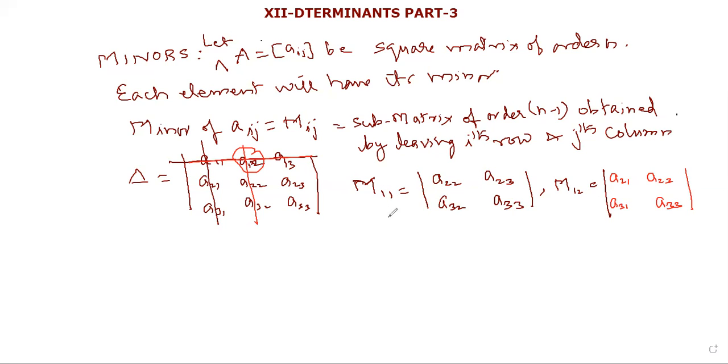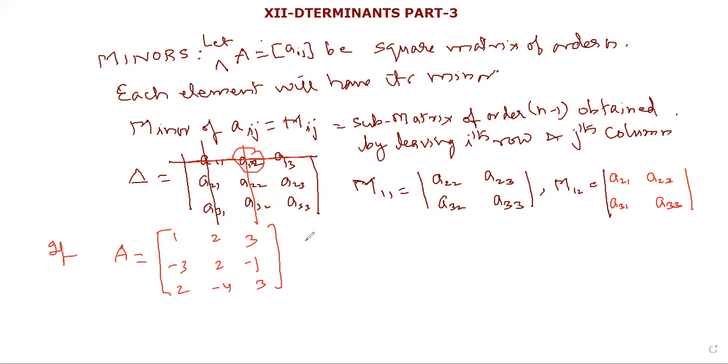Okay, got it? For example, let's take a matrix A whose elements are 1, 2, 3, minus 3, 2, minus 1, 2, minus 4, and 3.